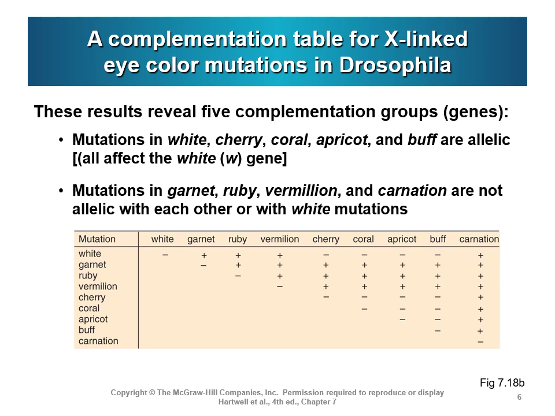So let's look at that. For example, mutations in white, cherry, coral, apricot, and buff, as you can see on the table, are mutually connected. So a mutation in white will cause a mutation defect in cherry, coral, apricot, and buff as well. The same is with cherry. It's correlating with white, coral, apricot, and buff. The same with coral. It correlates with all above mentioned, and the same is with buff.